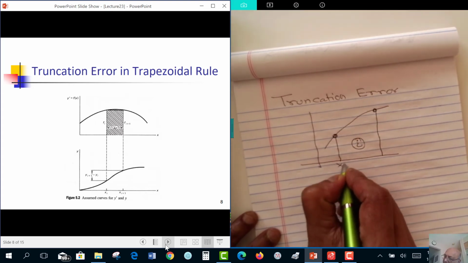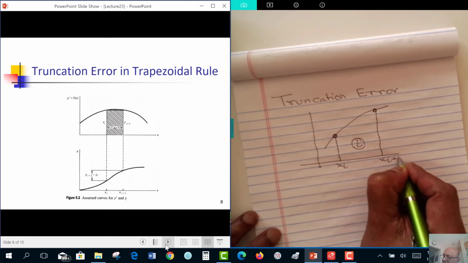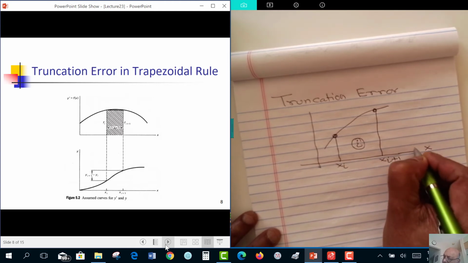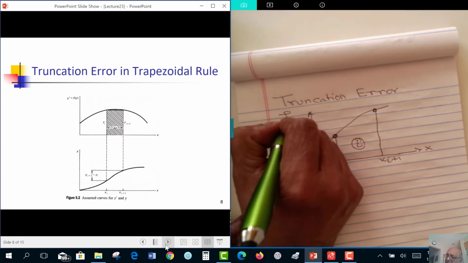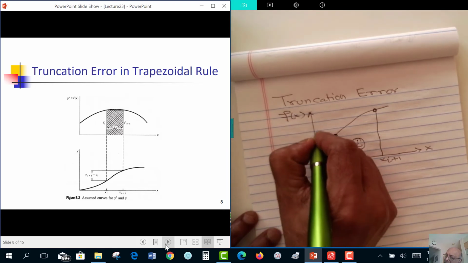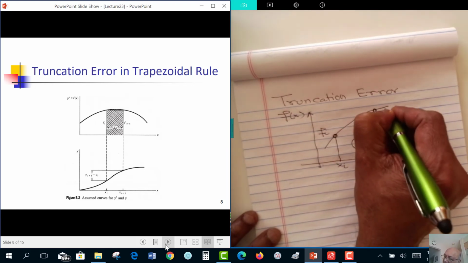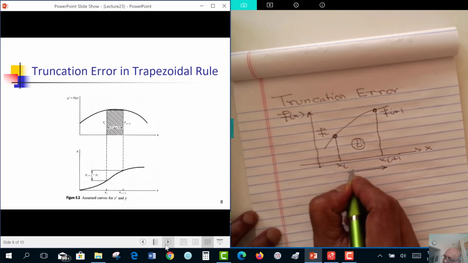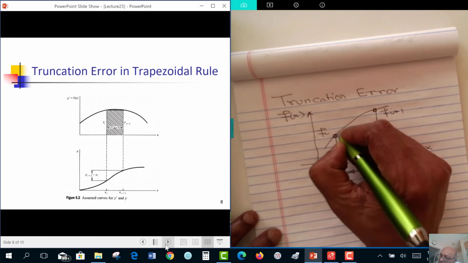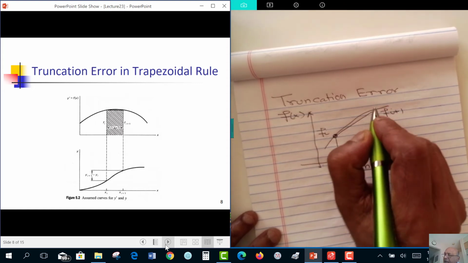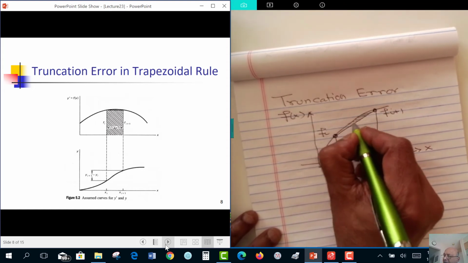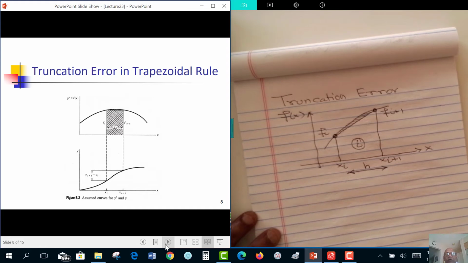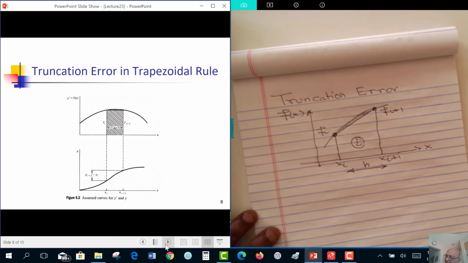So this is xi, this is xi plus 1, this is x-axis, this is our function axis. So this is fi, this is fi plus 1, this width is h. So when we approximate with the trapezoid, we are underestimating by this amount. So that is what is called our truncation error.